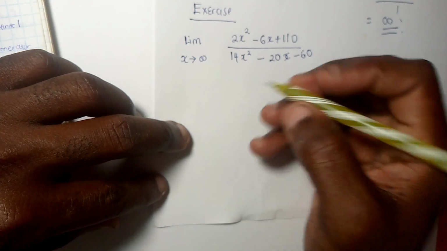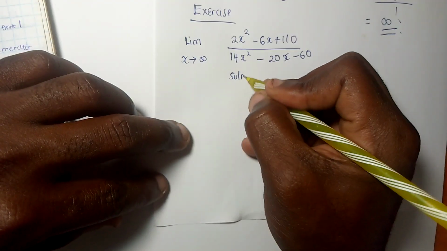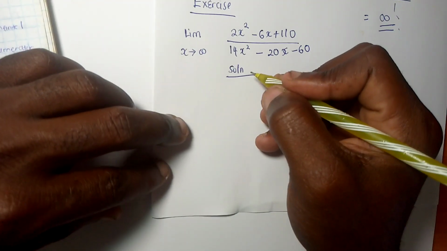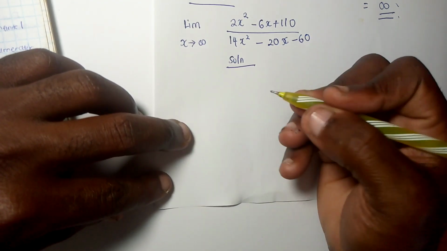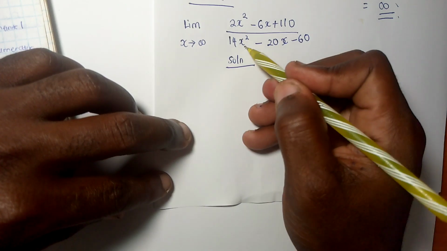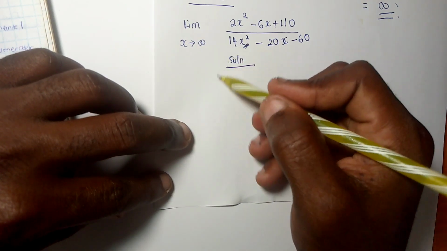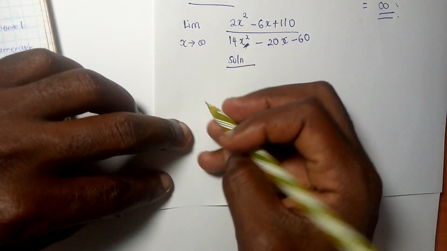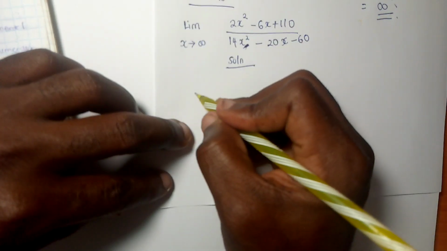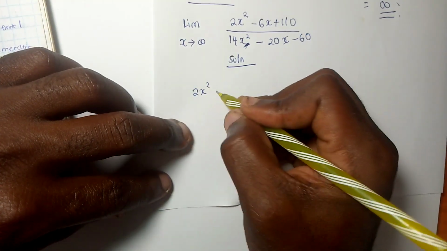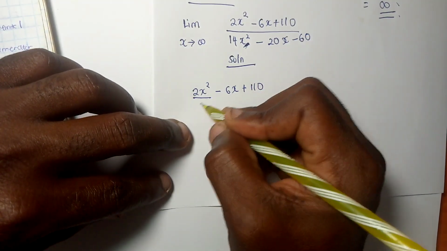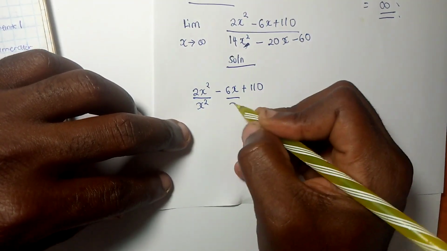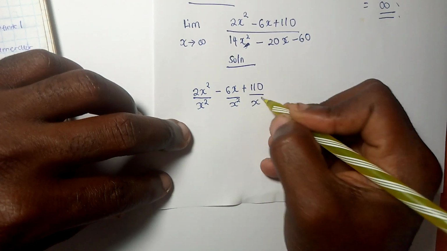Welcome back. We are going to write here a solution. We are going to use the same steps: check the highest power of x in the denominator, which is x squared, and divide throughout. So we have 2x squared minus 6x plus 110, with each element divided by x squared.